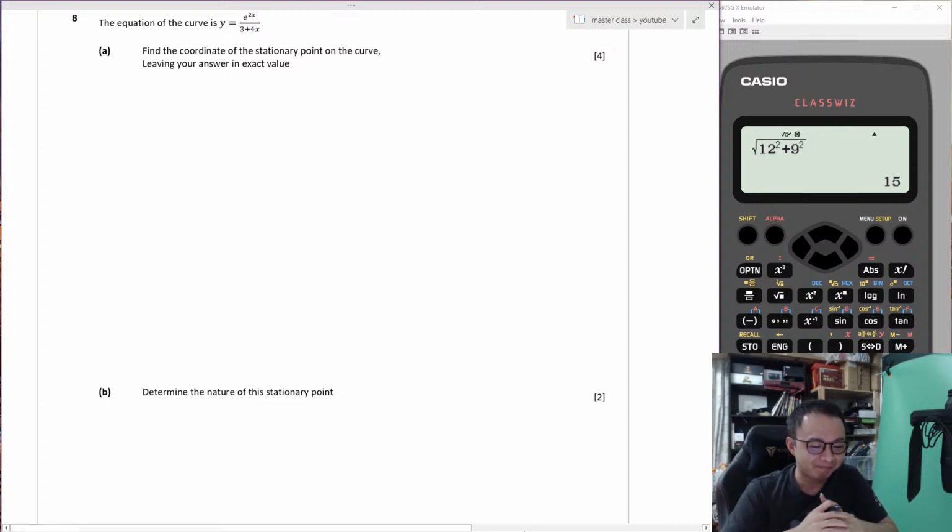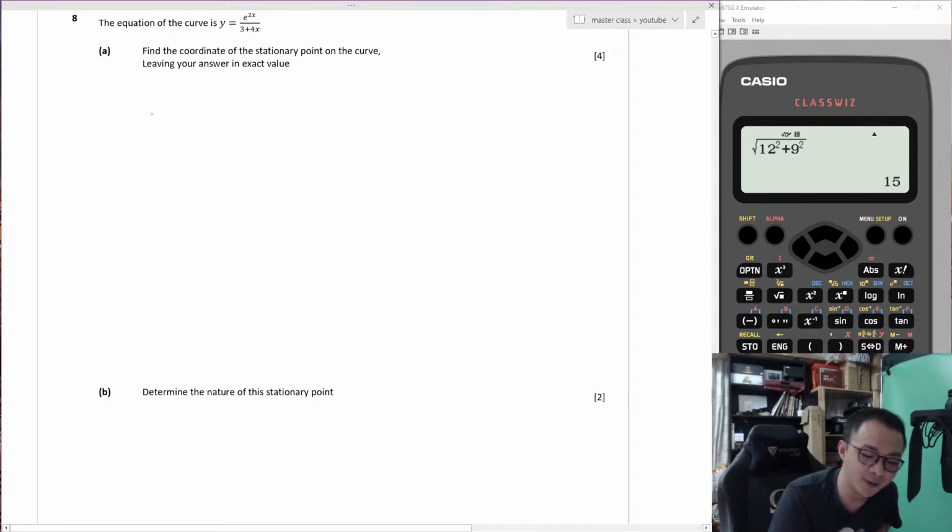Alright, so given the equation of the curve, find the coordinates of the stationary point, meaning dy/dx equals 0, and leave your answer in exact value. So let's do it. u and v: u is e^(2x), v is 3 plus 4x. Differentiate u is 2e^(2x). Differentiate v is 4.